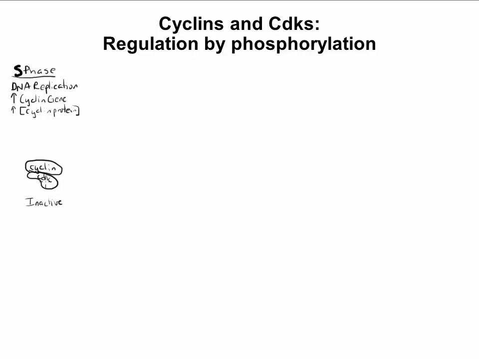But is this going to be an active CDK enzyme? No, because it doesn't have its correct phosphorylation pattern. So even as cyclin protein concentration starts to accumulate, this cyclin CDK complex is still going to be in an inactive state.